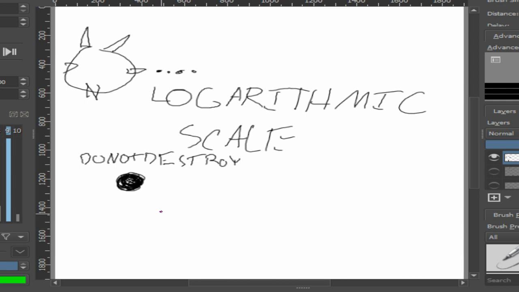So this is my grand idea. Okay, we have planets, right? And the planets, let's say, for instance, have a spawn distance of anywhere from something similar to Mercury all the way out to something like Pluto.